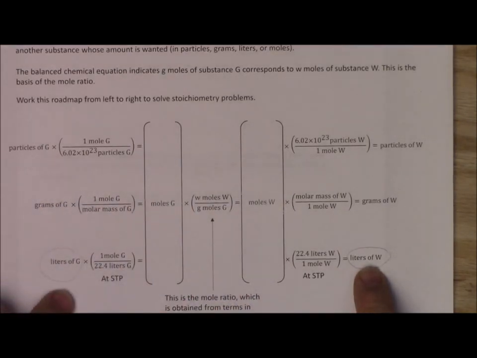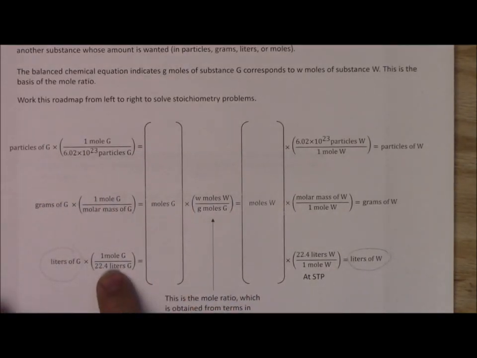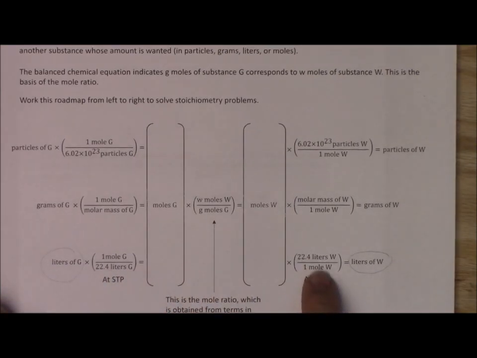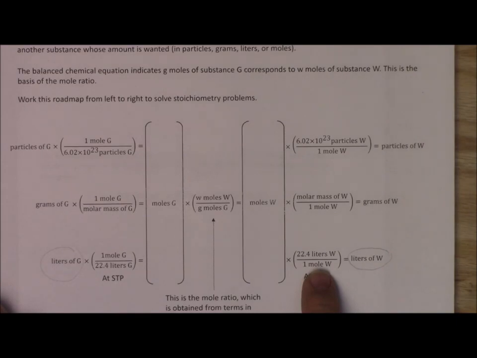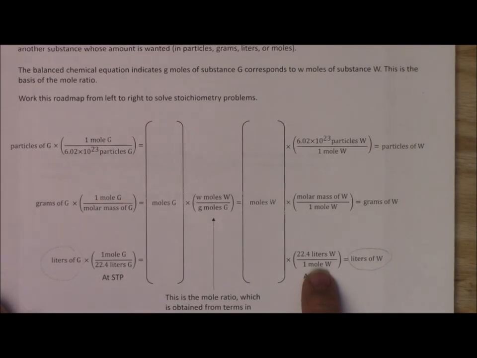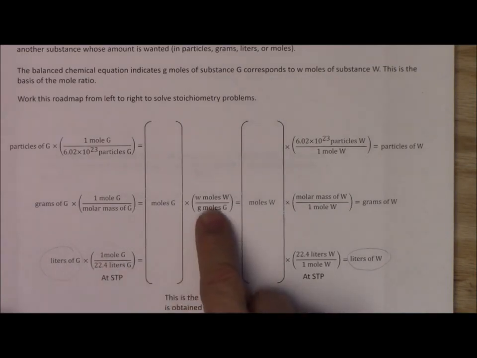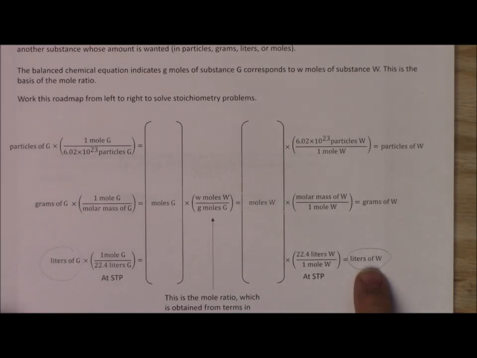But there's a shortcut. Notice here that we're dividing by 22.4, and over here we're multiplying by 22.4. Well, in a way that's kind of silly. So why don't we just take out these steps, because they kind of cancel each other anyway. So we could go liters of our given substance times the mole ratio equals the liters of our wanted substance.